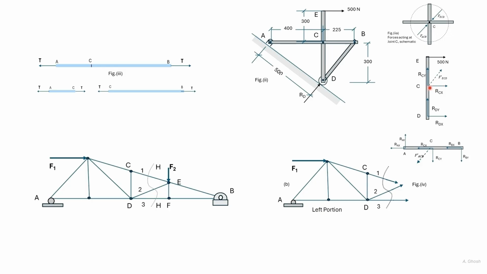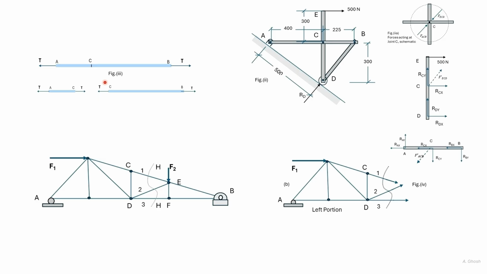So once we have chosen the direction in say ECD, the direction in ACP will be equal and opposite. So here RCY is acting upwards, here RCY is acting downwards, and same with RCX. So this is the way we represent the forces at the joints, and using equilibrium of the members, we can find out all the forces that act on the members and on the frame as a whole.